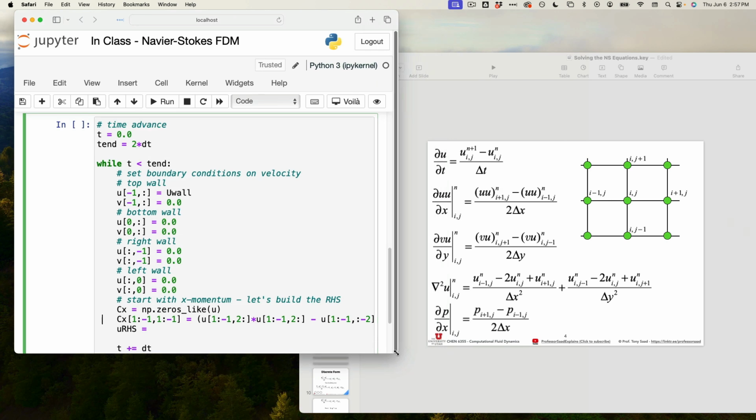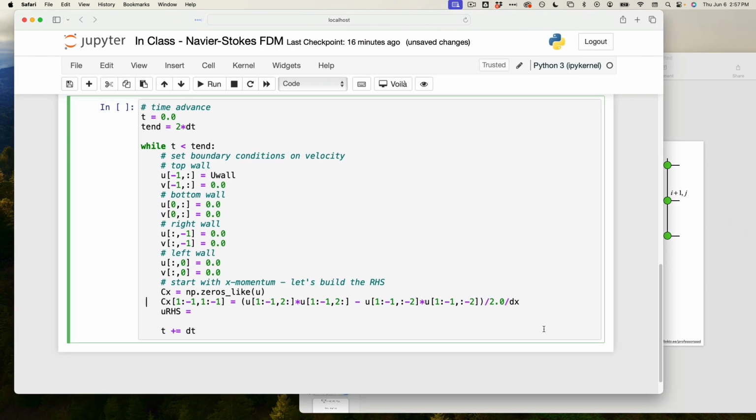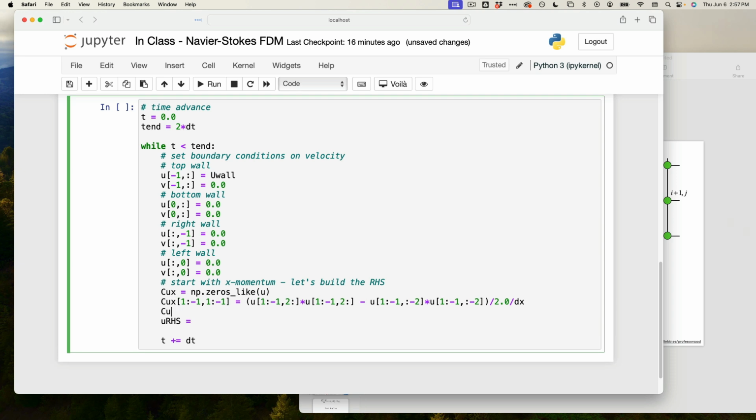Convection in y is going to be u times v. Well, the x momentum convection in y, right? So this really would be cux for the x momentum, and then we would need cuy, which is np.zeros_like u as well.